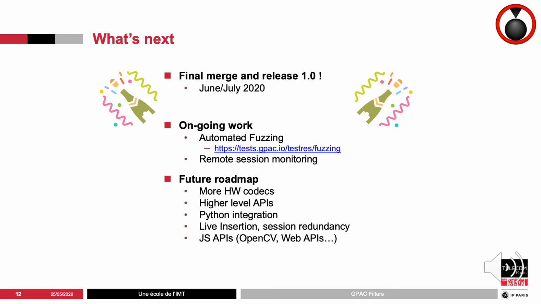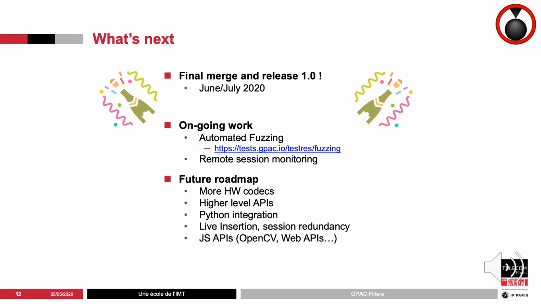So what's next? We want a final release of the 1.0 in June or July. We planned to have it earlier, but it's been a bit delayed with the recent events. We started working on automated fuzzing to check any security issues in the code. You can test the results online.